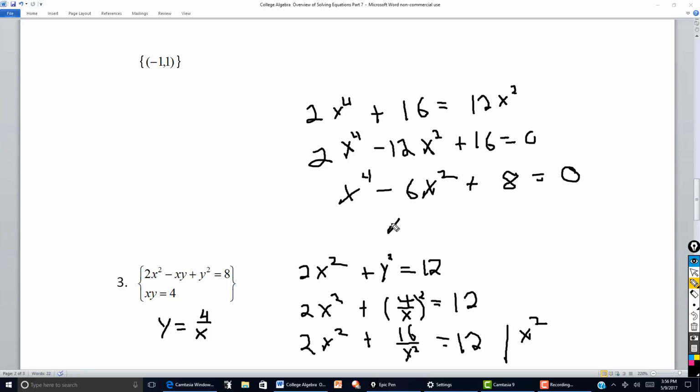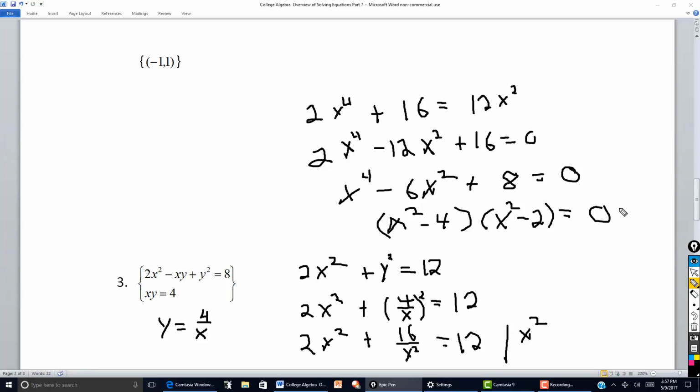Okay, so then this factors into x squared minus 4 and x squared minus 2 equal to 0.